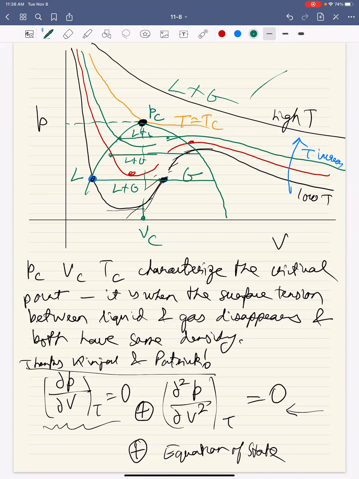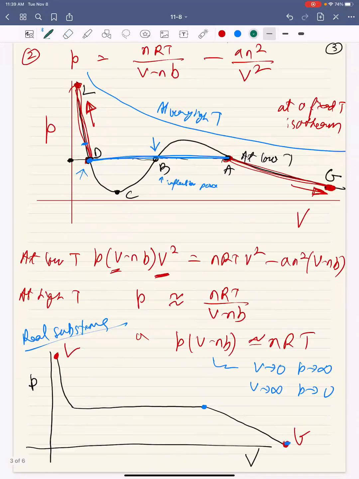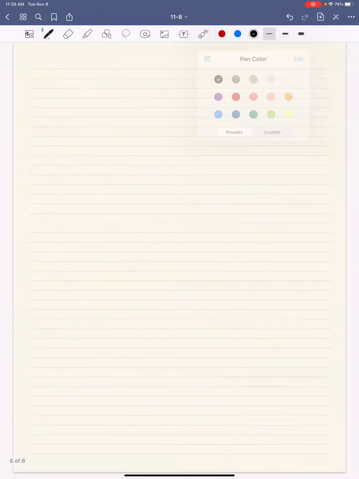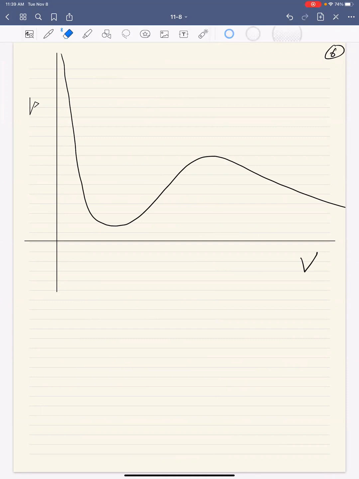Let me redraw this on the next page. It will be the same curve, I'll just draw it clearly. So we have pressure, we have volume, and we find our inflection point.